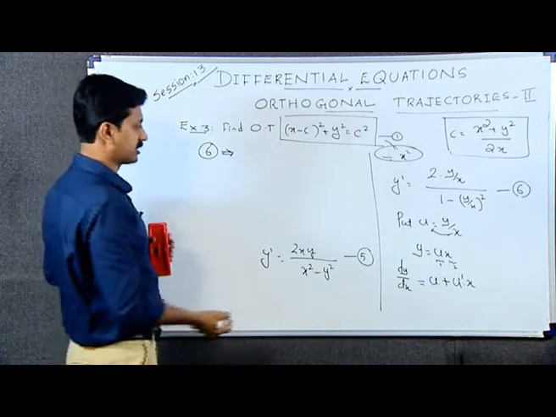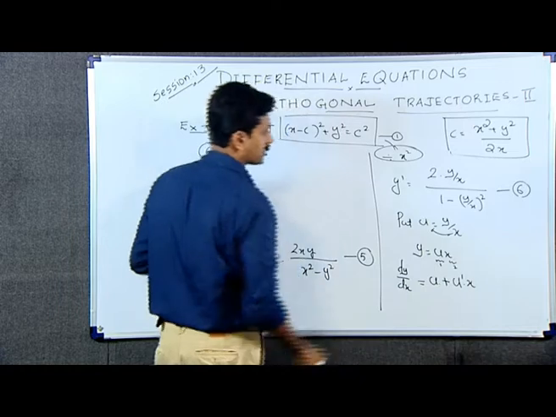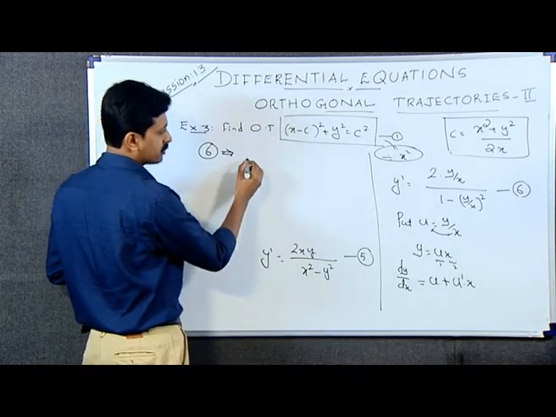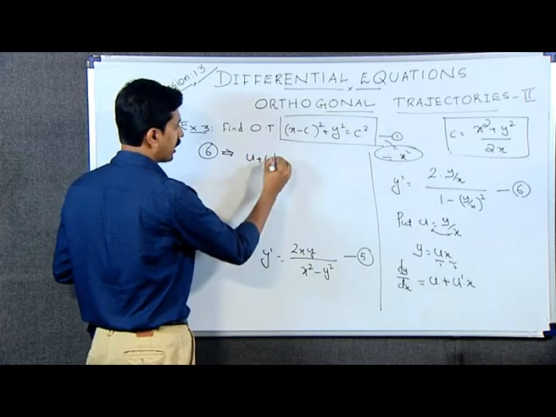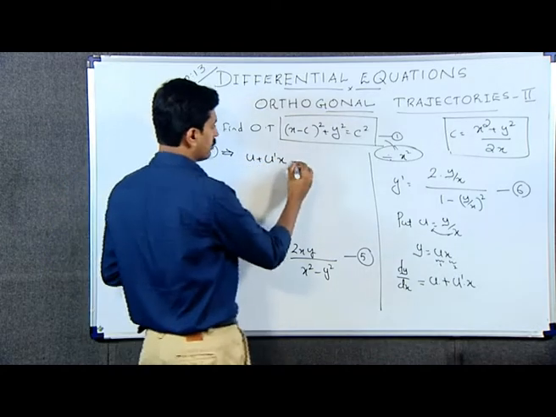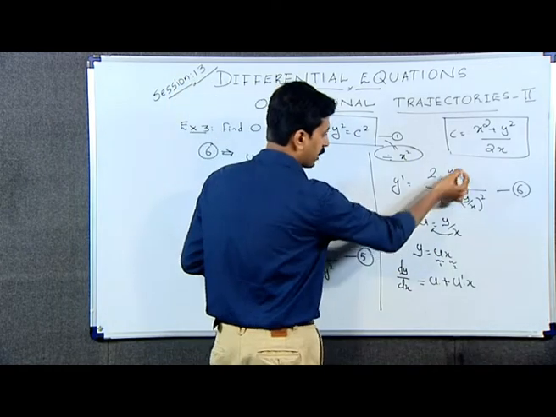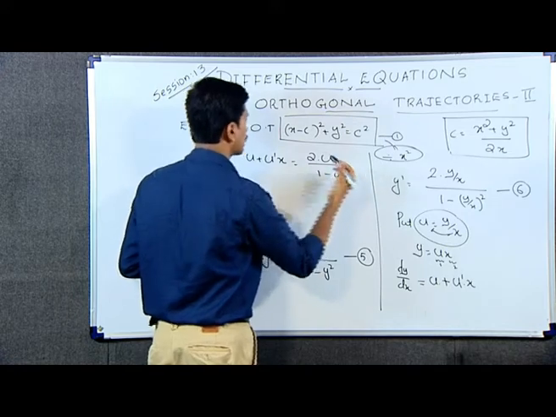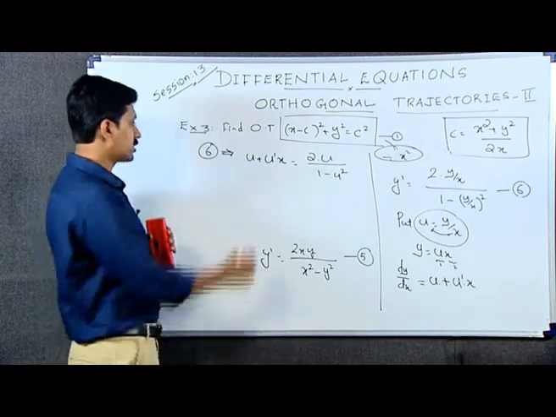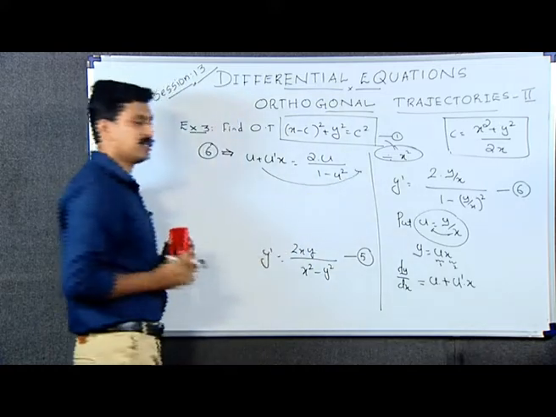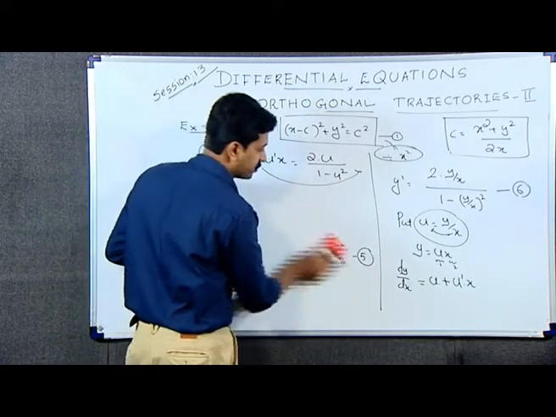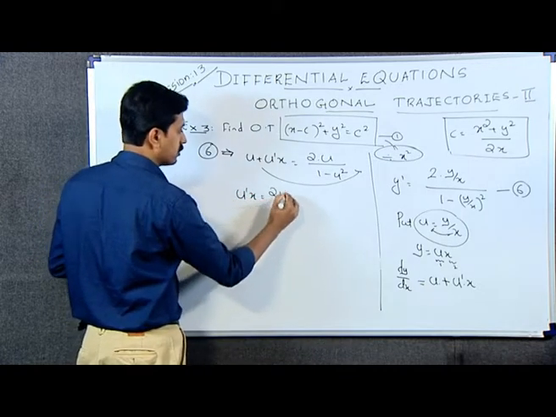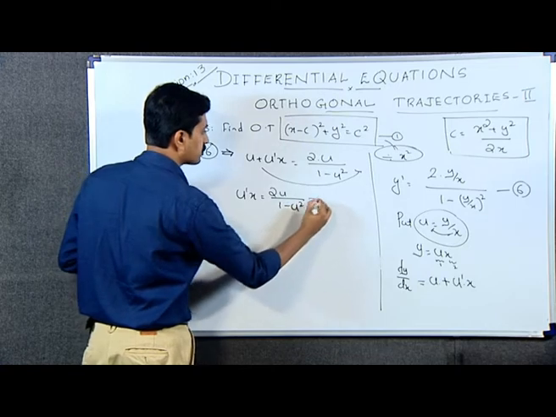Instead of y dash, we replace like this. So y dash is equal to u plus u dash x is equal to 2 into, replacing y by x as u, therefore, 2u divided by 1 minus u square. I am taking this u to the opposite side, therefore plus u will become minus u, therefore we will have u dash of x is equal to 2u divided by 1 minus u square minus u.